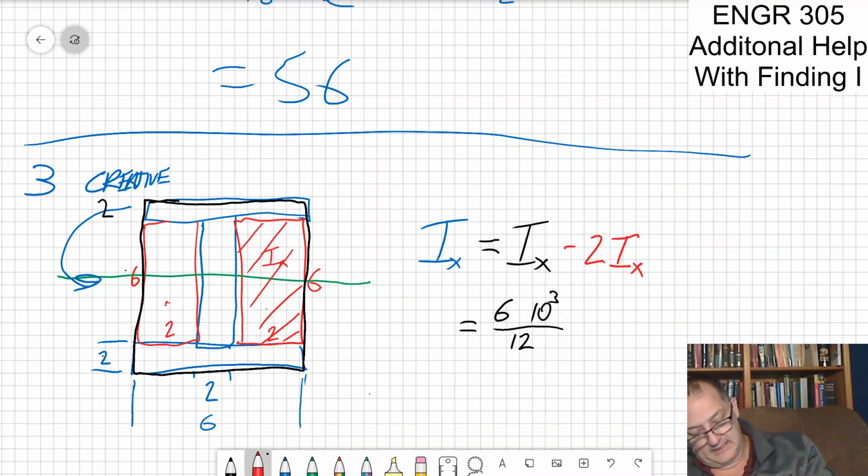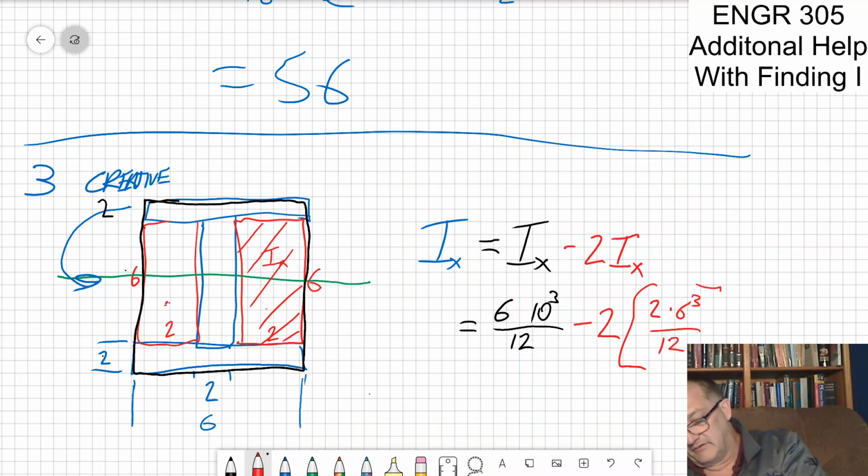And then let's get this minus 2. This is 2 wide and 6 tall, so 2 wide, 6 tall divided by 12. And then I would subtract the other one, but that's why there's a 2 there. And I'm all set. That, to me, seems easier than calculating a centroid.